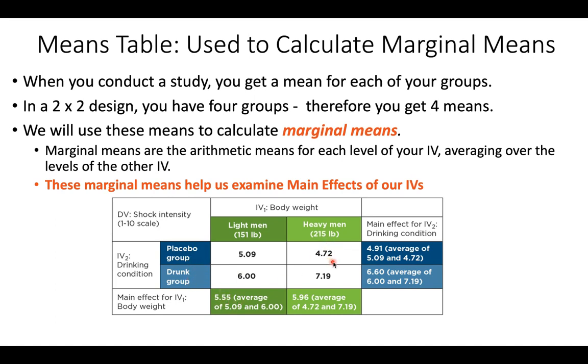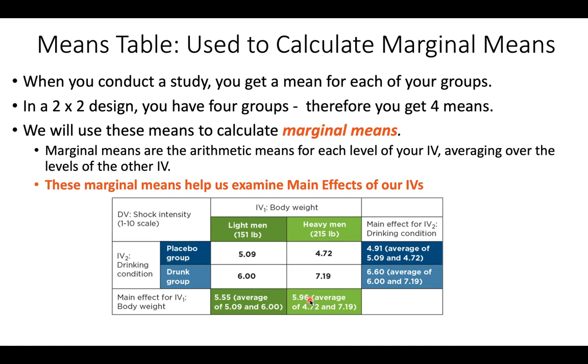We do the same thing for heavy men. We take 4.72 and average it with 7.19. We add them together, divide by 2, and we get an average heavy male aggression of 5.96, regardless of their drinking condition.